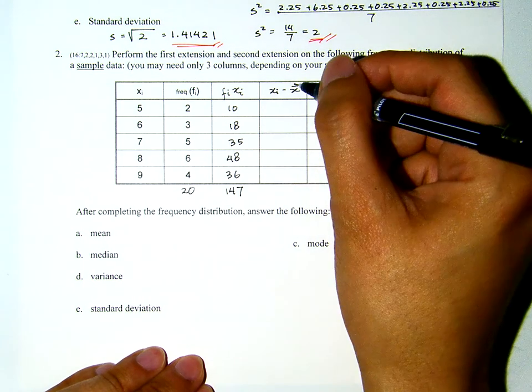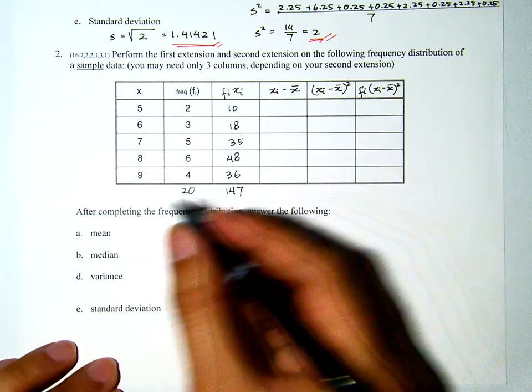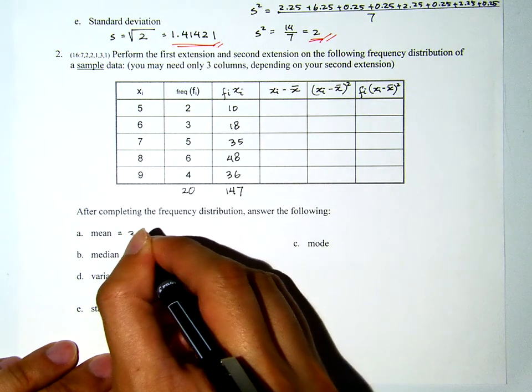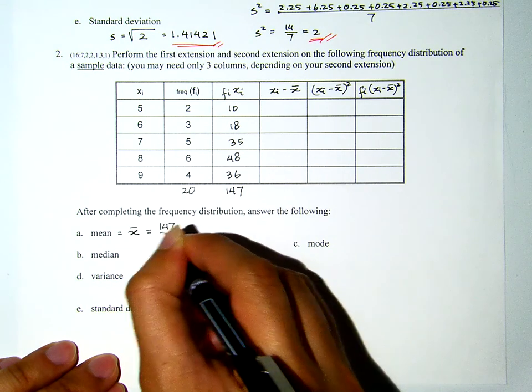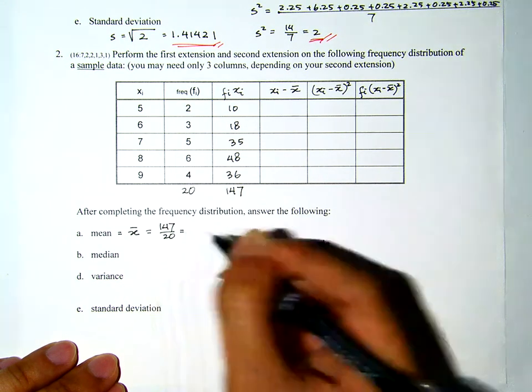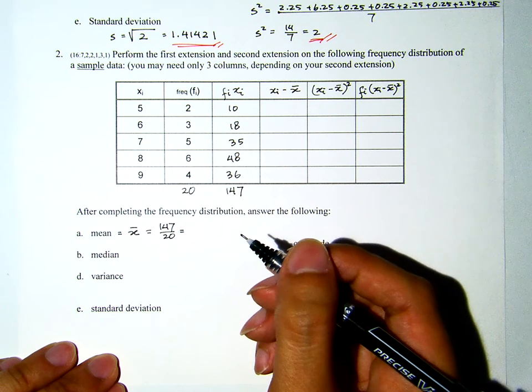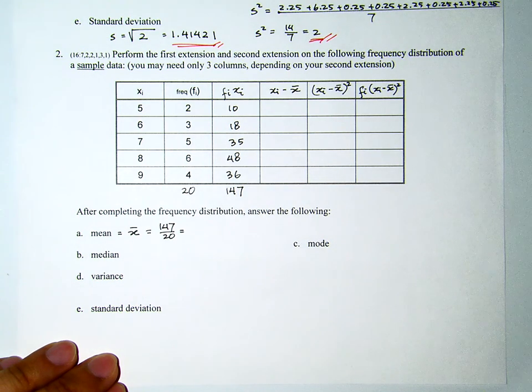Now let's see. We need to compute the mean first. So the mean, which is x bar, equals 147 over 20, that's 7.35.